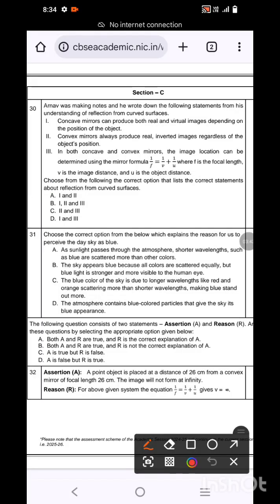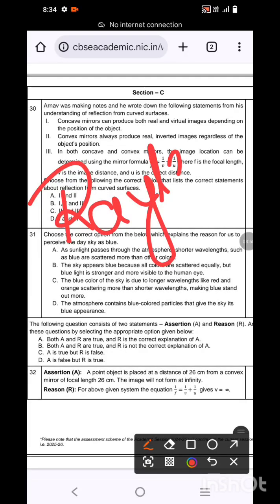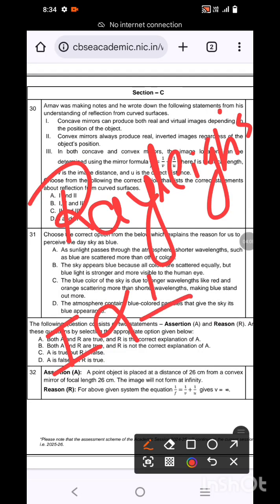Now let's discuss this statement. We know according to Rayleigh scattering law, the intensity of scattered light is proportional to 1 by lambda to the power 4.